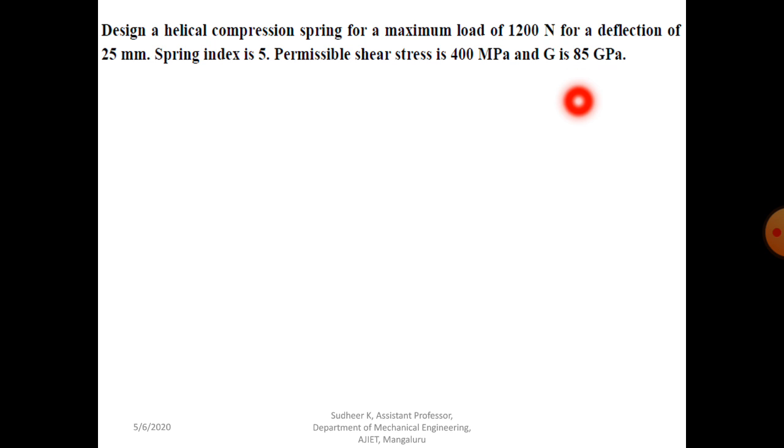Then what is the pitch of the spring, and the free length. Along with that, you need to find out the stiffness required, that is, the actual spring stiffness or spring rate, and the required stiffness or spring rate. So that includes the complete design.